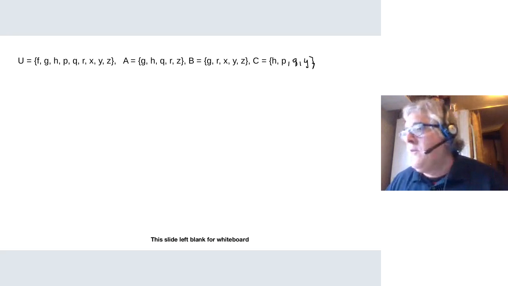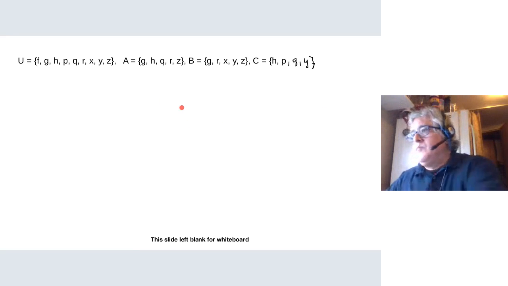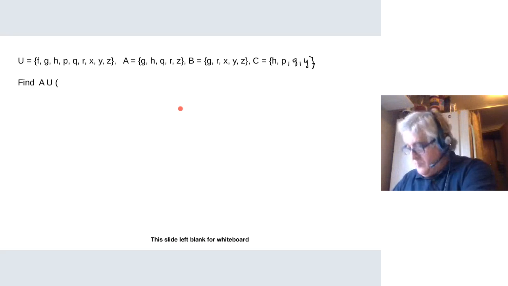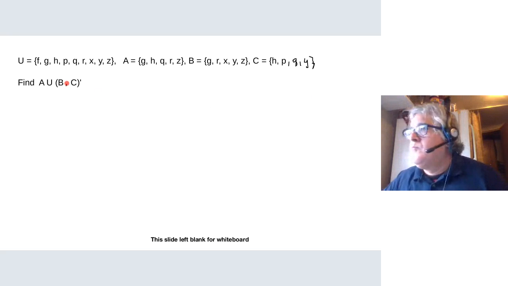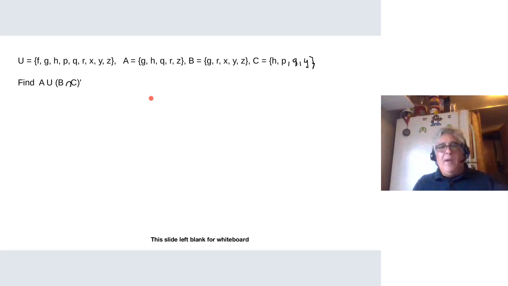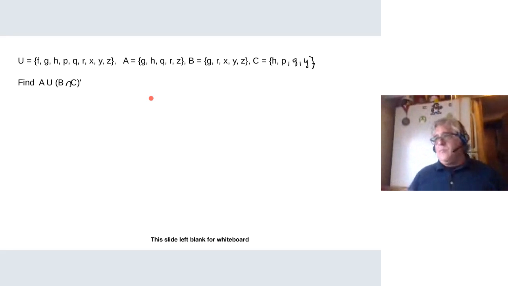Yeah, I mean, things are harder to do on handheld things. All right, so we got to find, all right, so just like most things when you're dealing with math, start on the inside out. So I'm going to go and find B intersection C first.